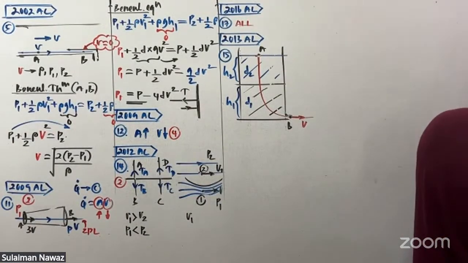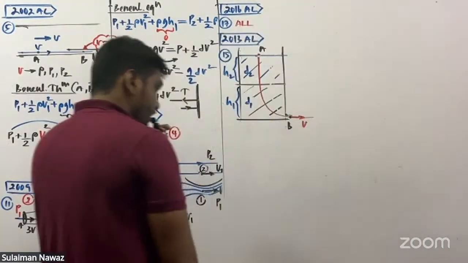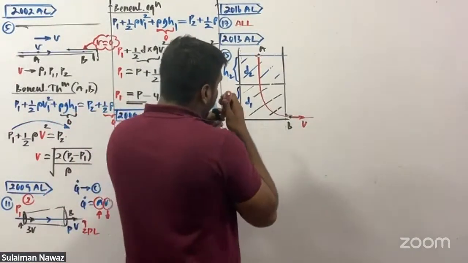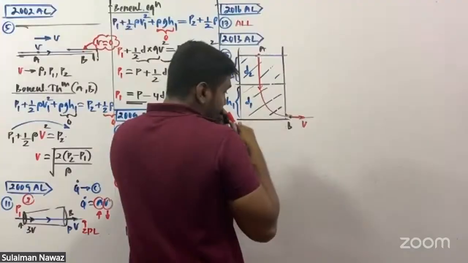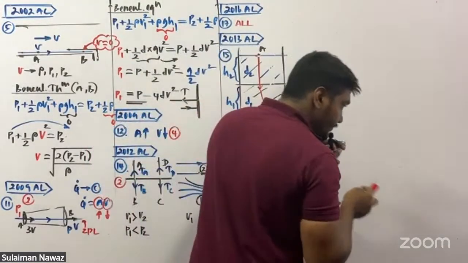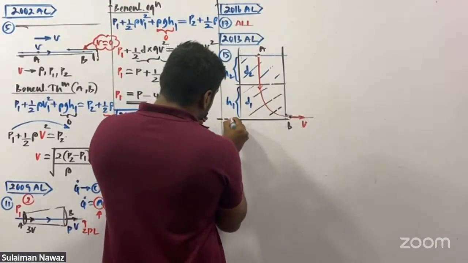How can I do this one? Not difficult. Same story. I consider the bottom level as my zero potential level.